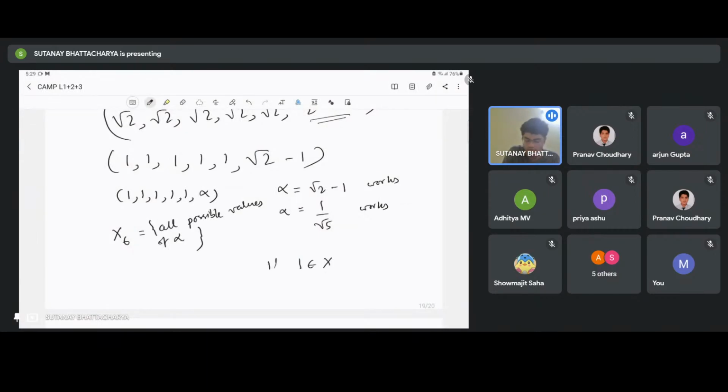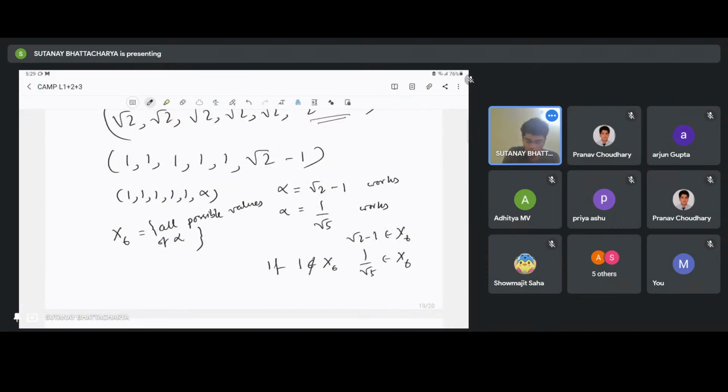If 1 was in the set X, then we would have made some progress towards the Heidegger-Nelson problem, but we do not know this. We do know that root 2 minus 1 is in X6, and 1 over root 5 is in X6. And we actually know quite a few numbers that lie in X6.